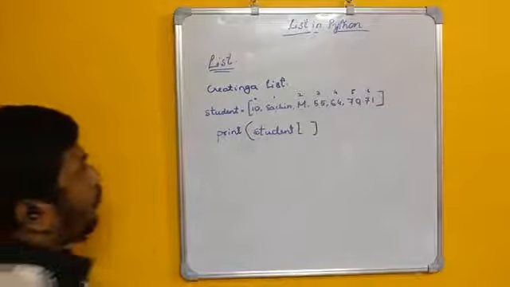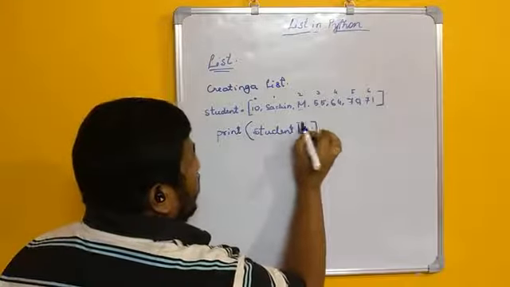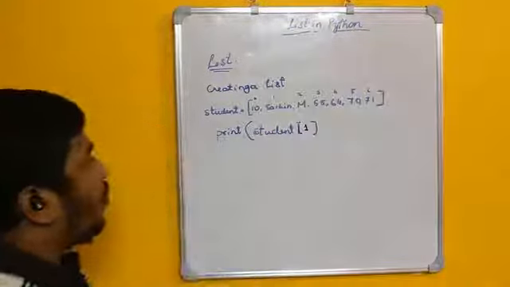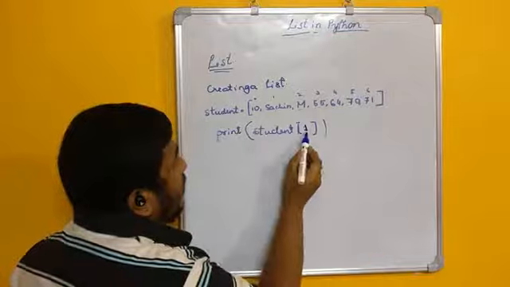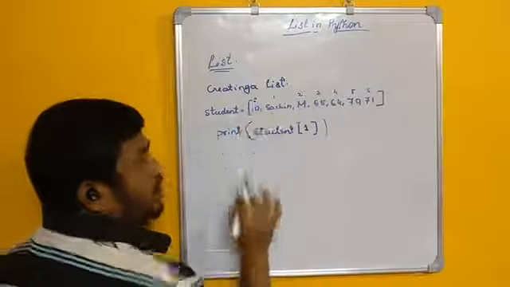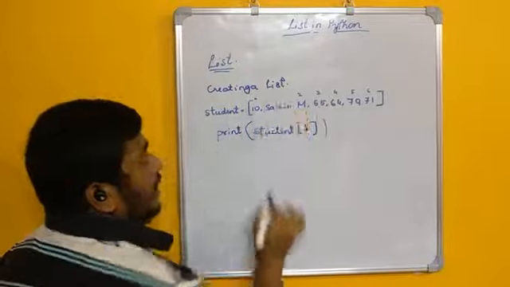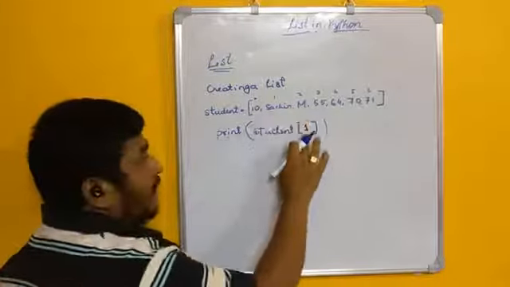If I want Sachin here, what do I have to pass? student[1]. It will return the second element in the list, because the first element starts from index 0, and the second element's index is 1. Whichever element we want, we pass that index in the print statement with the list name.